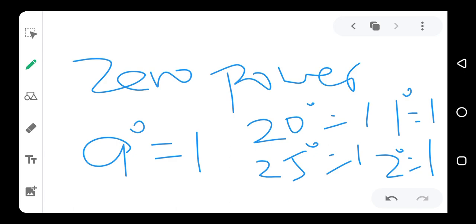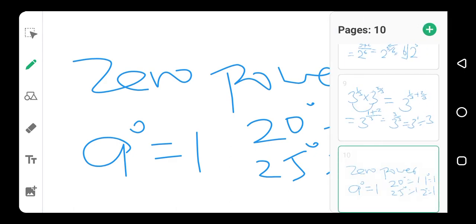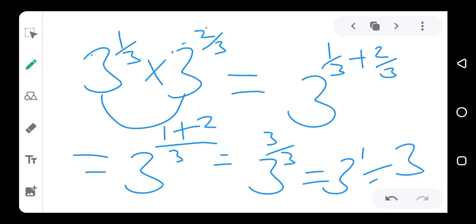So with this, we have actually come to the end of all the laws of indices. Now you may see a combination of different laws of the indices in your exam, like the one we did when we combined multiplication law and power law.